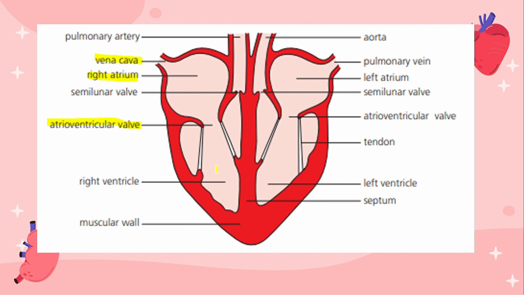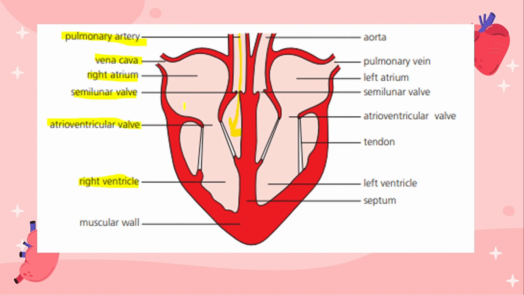After it opens, the blood falls into the right ventricle, and from the right ventricle it is pumped into this tube structure, which is the vessel, the pulmonary artery. And how is it controlled? It is controlled by the semilunar valve, so the blood won't go back into the heart.